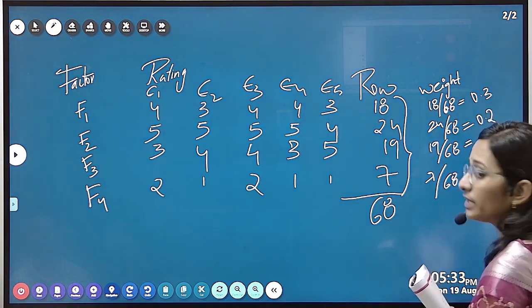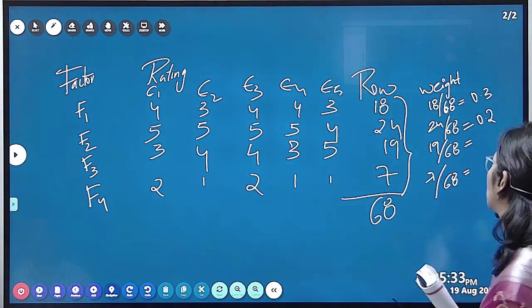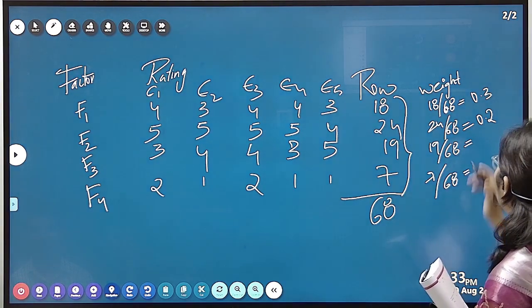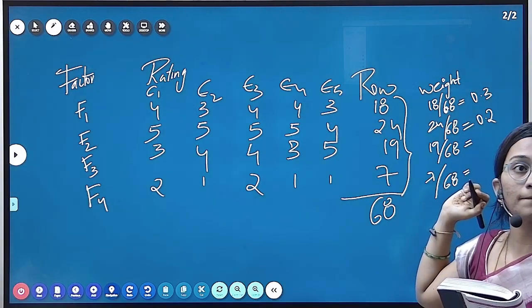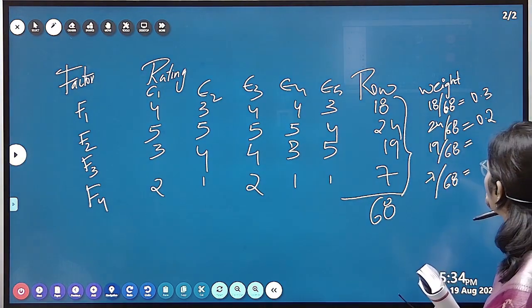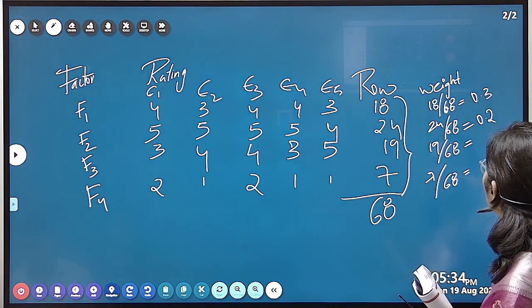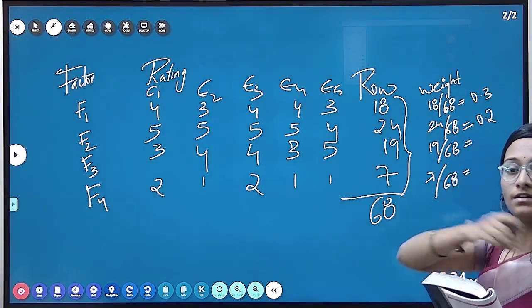You have to do it in your calci, not from the books. Okay. So I need everyone to carry calci from tomorrow. Hello, tell me. Ma'am, that 18 divided by 68 is 0.26. In the calculator, if we do.